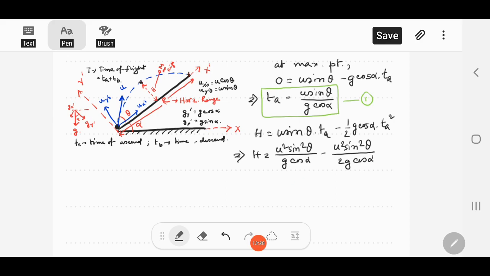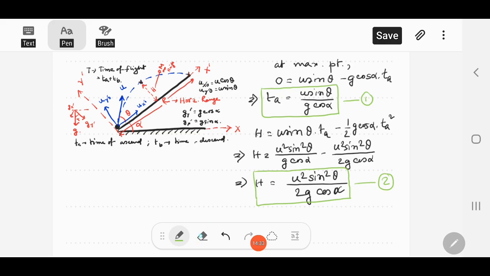So h is equal to u square sin square theta divided by 2g cos alpha. So here we get our second equation.